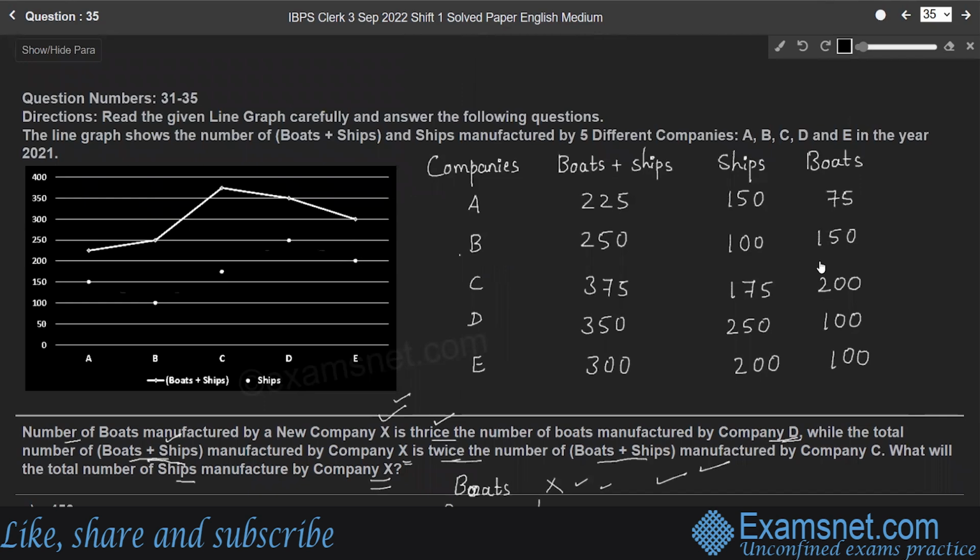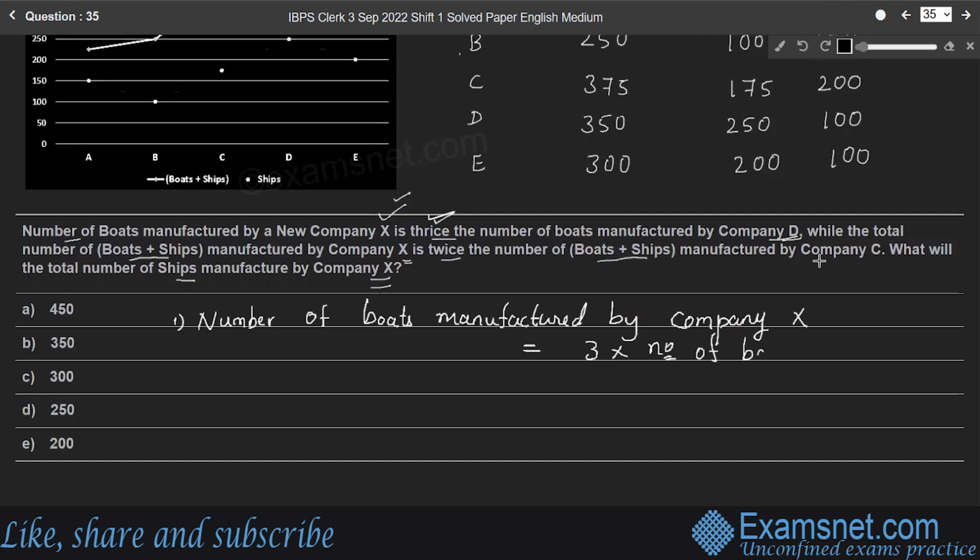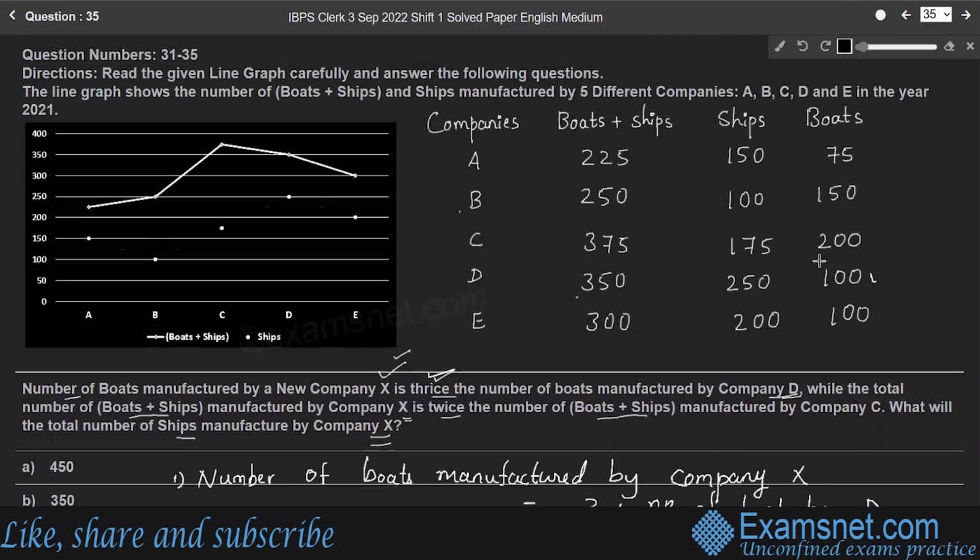First we need to take number of boats manufactured by company X. It is given that it is thrice the number of boats manufactured by company D. So it is 3 times number of boats by company D. Company D manufactures 100 boats, right?